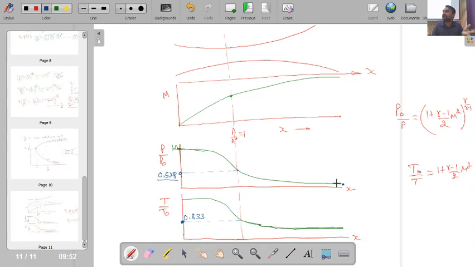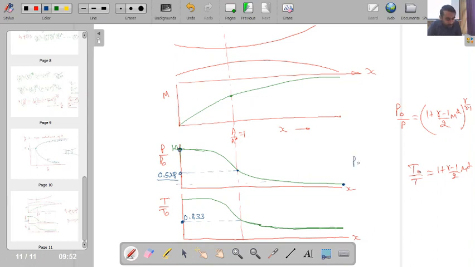Because unless we are providing the pressure difference across the nozzle, we will not be able to achieve the flow. So this should be the ideal pressure difference across a nozzle in order to achieve Mach number of 1 at the throat. Is this one clear? So I am getting over here some value of exit pressure. Corresponding to this is my exit, and corresponding to this I have some value of pressure.